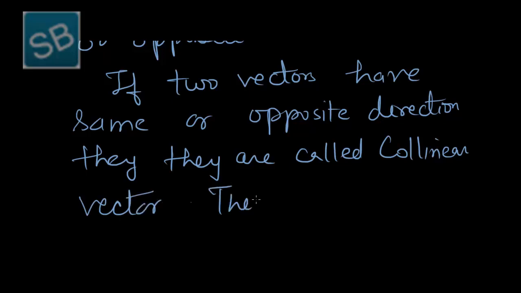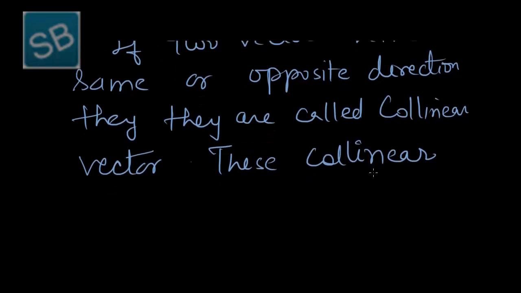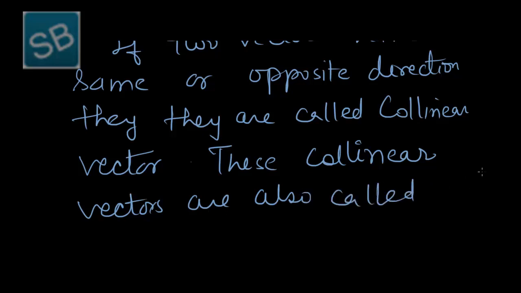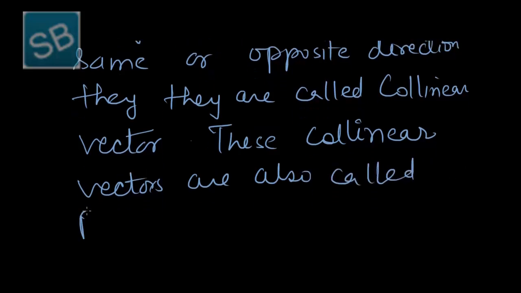These collinear vectors are also called parallel vectors, because if we express a vector as a multiple of another vector, then it becomes the parallel vector condition.